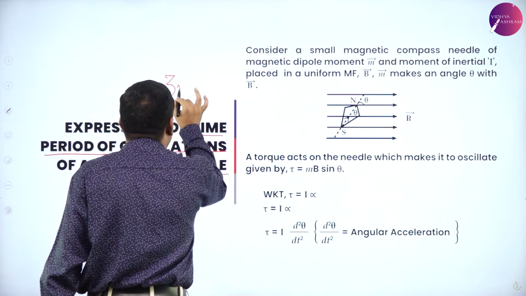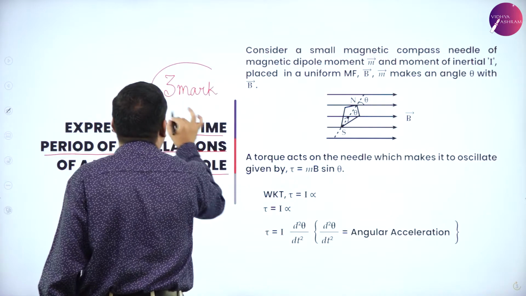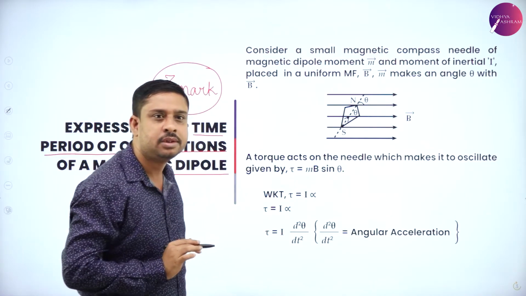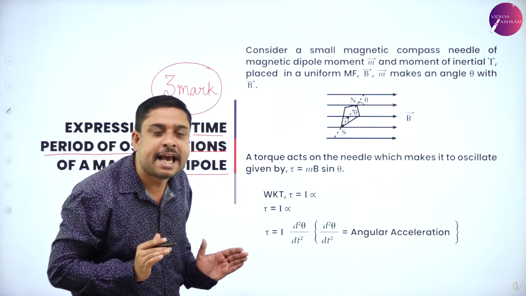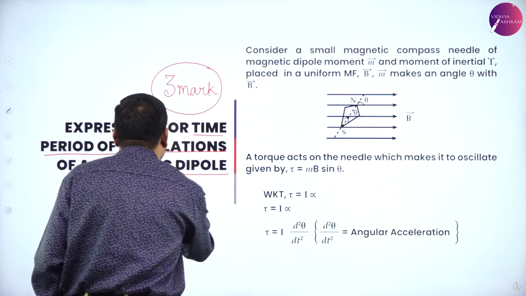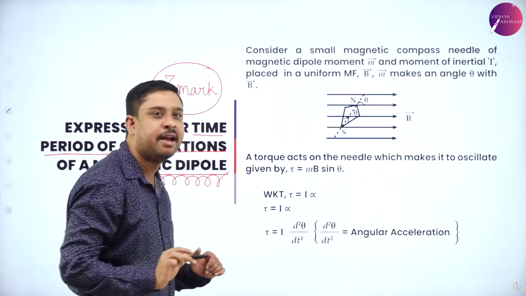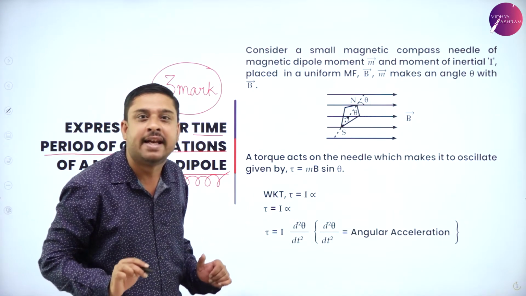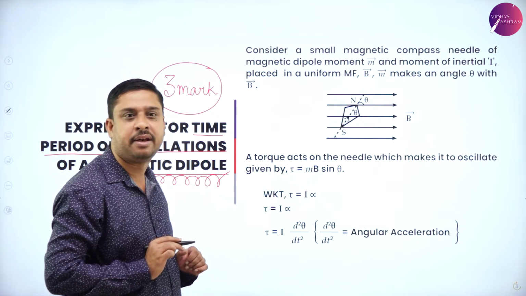For the exams, this is a very, very important 3-mark question. Time period of oscillations of a magnetic dipole, exclusively based on simple harmonic motion.